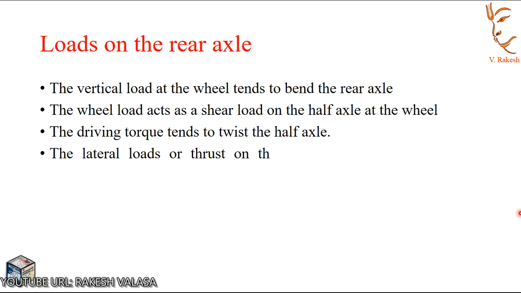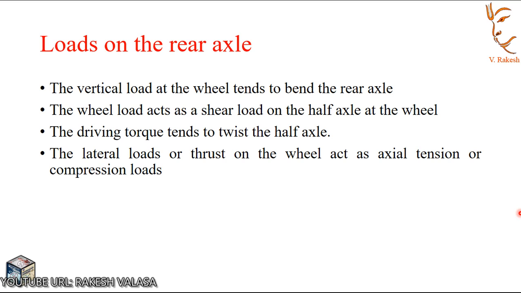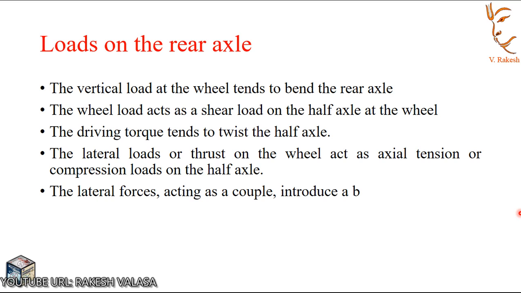The lateral loads or thrust on the wheel act as axial tension or compression loads on the rear axle. The lateral forces acting as a couple introduce a bending effect on the rear axle. These are the few loads acting on the rear axle beam.